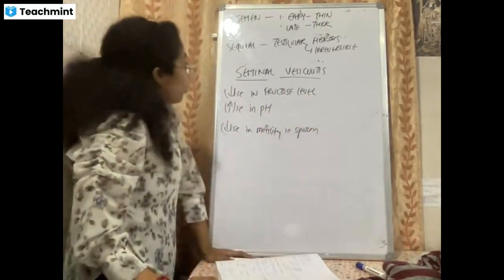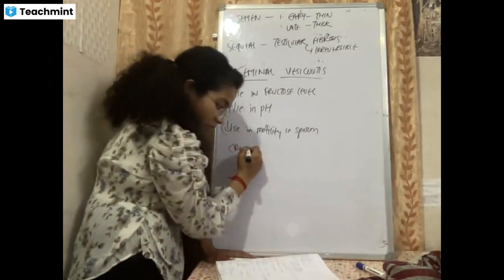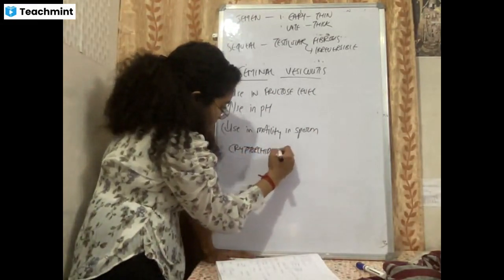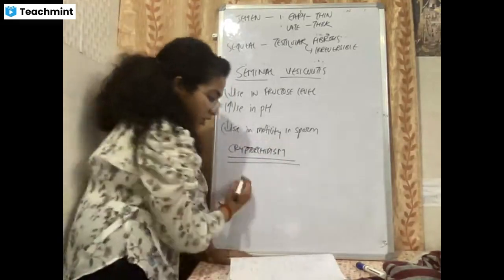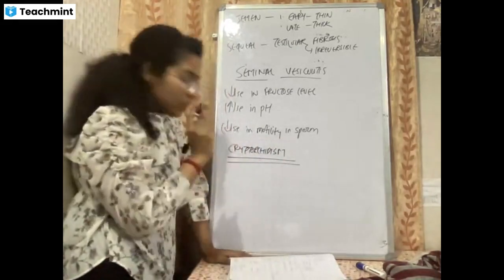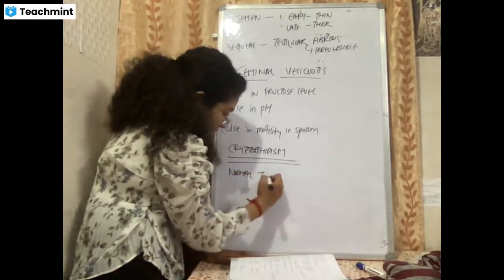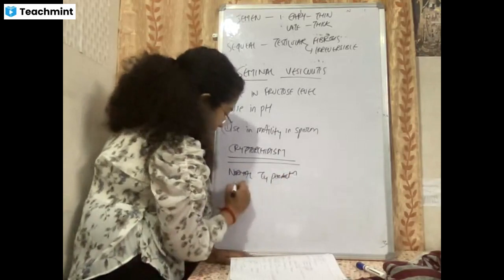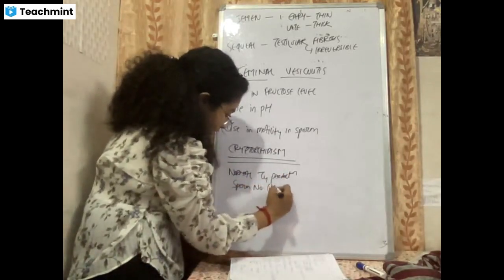Okay. Now, next thing is cryptorchidism. In cryptorchidism there is normal testosterone production, but the sperm number goes down.